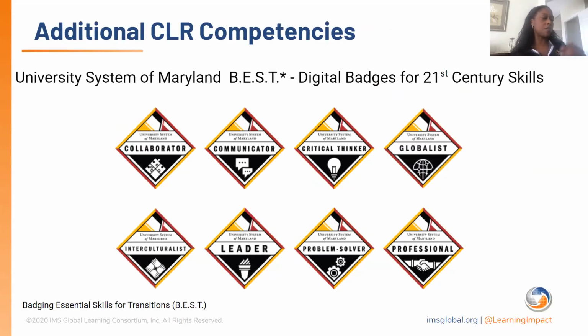So I just show this slide because we've also got other competencies we've been working on. We've been doing badging since 2015. One of the badging initiatives through the University System of Maryland is the badging for essential skills and transitions, say that 5 times fast, which is based on the 21st century skills that NACE has identified.